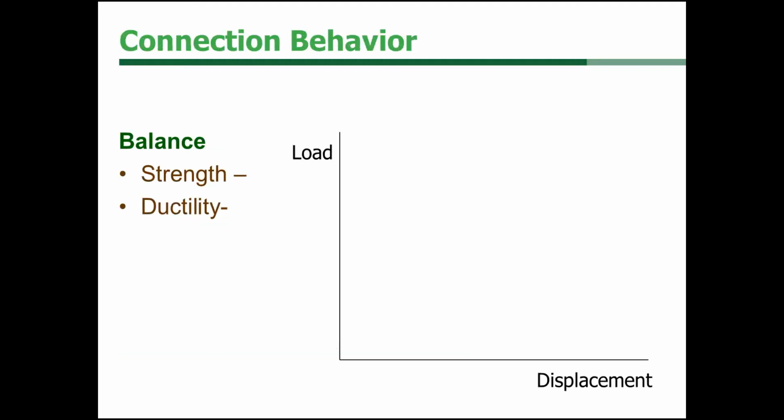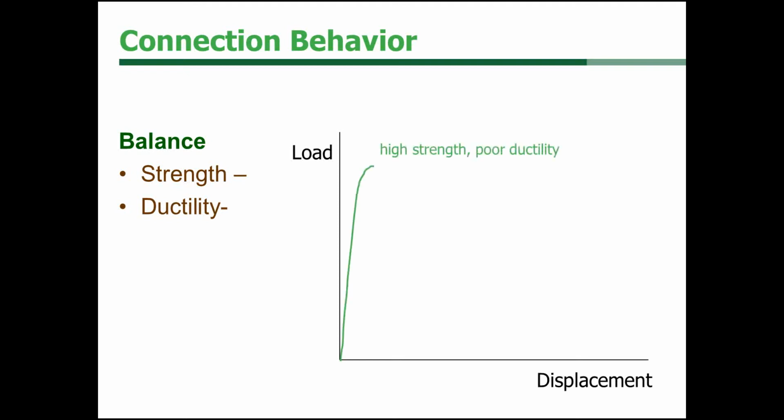Now I mentioned when we talked about ductility, we want to provide ductility in our system. So what does that mean, ductility? What does it mean to be a very strong shear wall? Well, whatever we do, when we design our shear walls, we design our connections in our buildings, we want to have a good balance between strength and ductility.